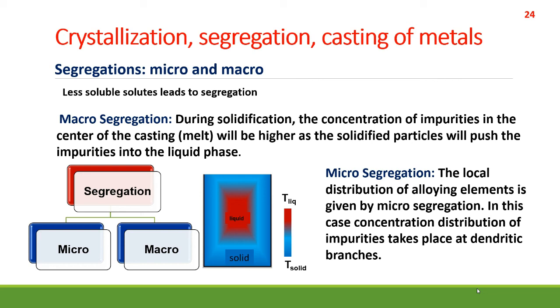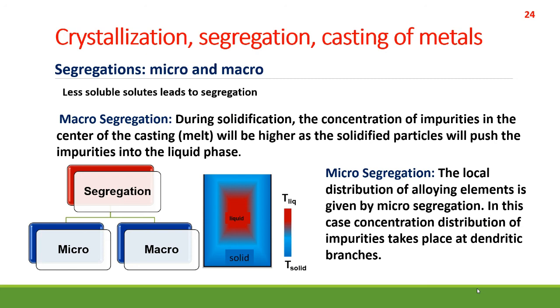Now segregation is again of two types. One is macro segregation, and the other is micro segregation. In macro segregation, it occurs during solidification, and the concentration of the impurities in the center of the casting will be higher as the solidified particles push the impurities into the liquid phase.